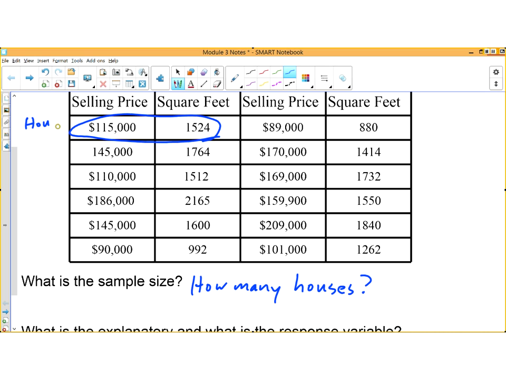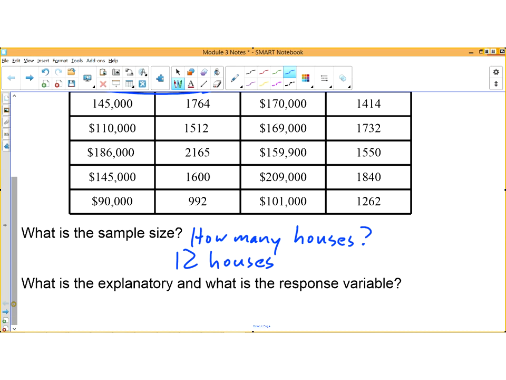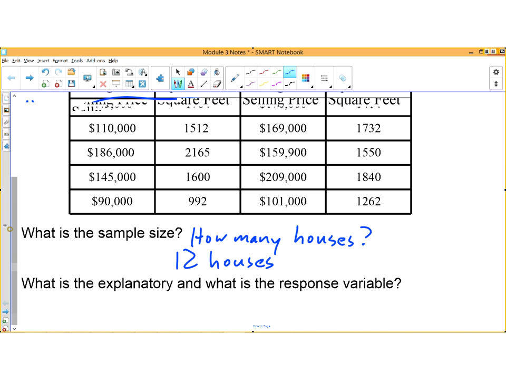So if I took this pair of numbers here, we might say that's house 1, and the next one would be house 2, and so on. So the sample size is 12 houses. Okay, so I collected data on 12 houses.